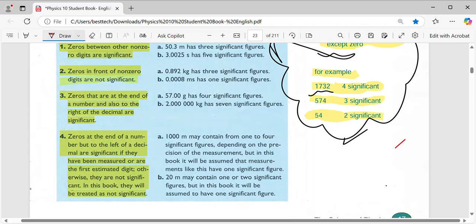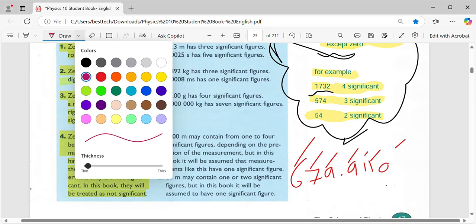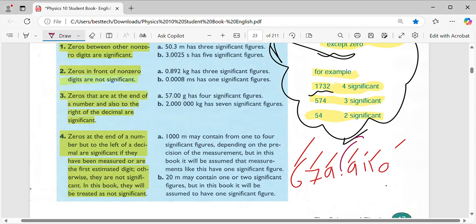The third rule, guys: if you have a number with a point and then a 0 after it, for example 679.9110. We know all the numbers are countable, but how do we know the 0 is countable? Guys, make it a rule: if the 0 comes after the point, the 0 will be countable.